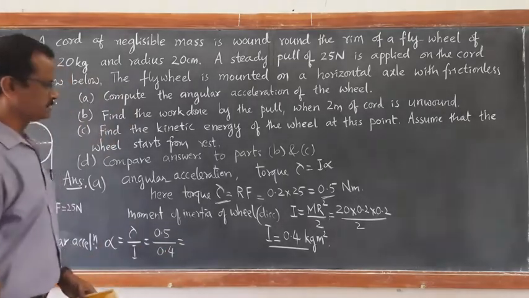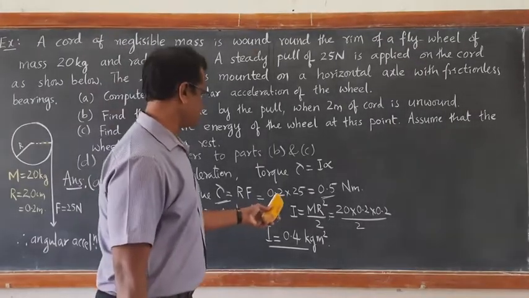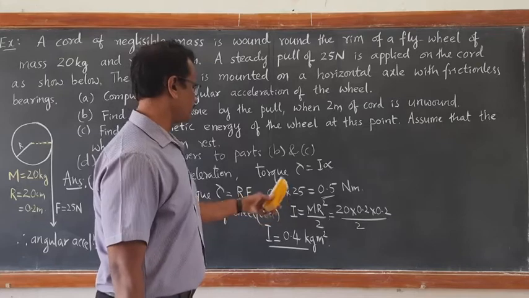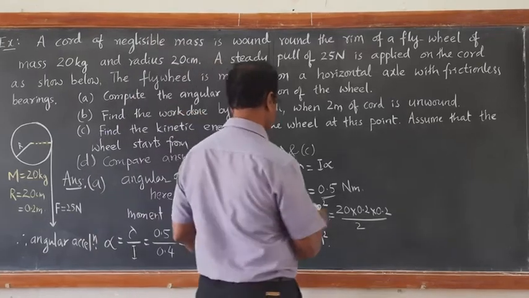So if you calculate this, I think it is 5. It is not 0.5. It is 5.